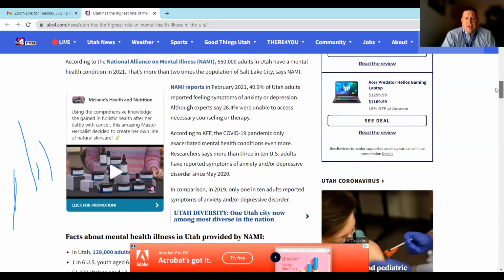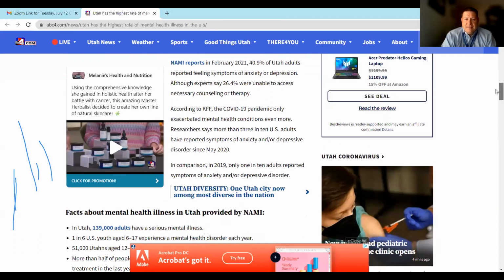You can look further down and go through this news article, but the message is pretty much the same. There are some interesting facts in here. They mention that because of COVID, these numbers were exacerbated, and these mental health conditions became even more severe as far as the number of cases.